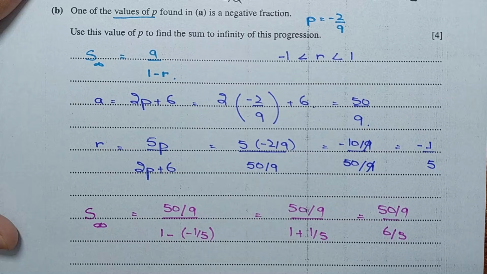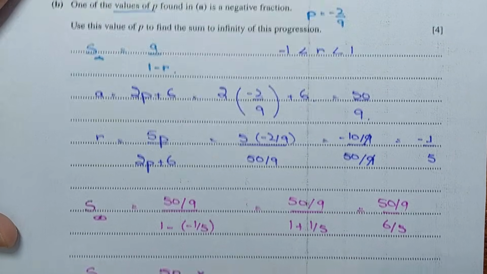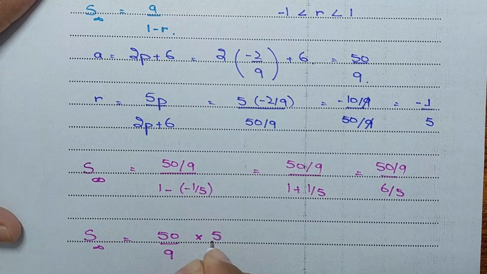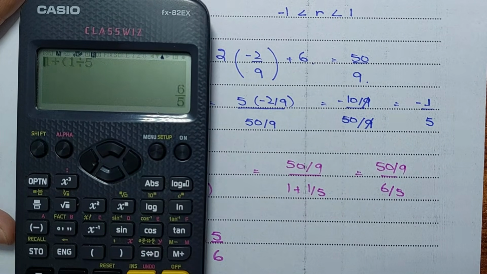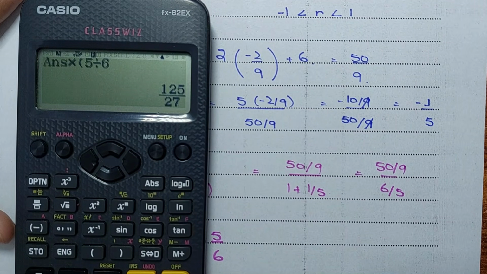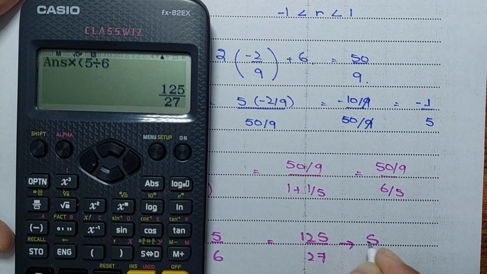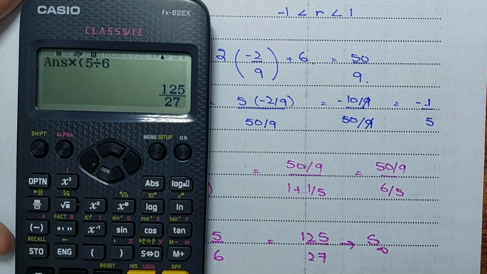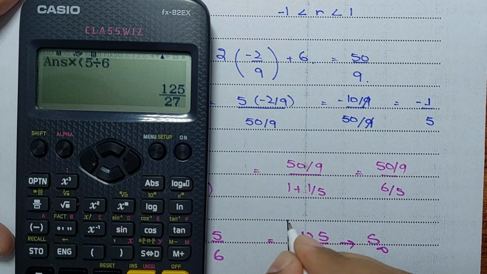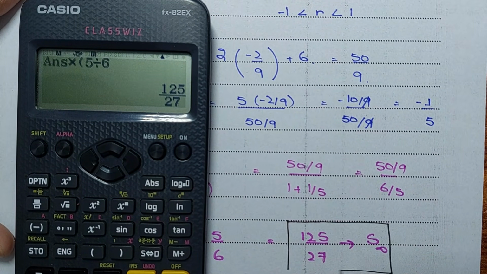So S infinity is 50 divided by 9, multiplied by the reciprocal of 6 by 5, which is 5 over 6, right? 50 divided by 9, multiplied by 5 by 6, is 125 over 27. This is your S infinity, the sum to infinity for this progression, for that specific value of P.